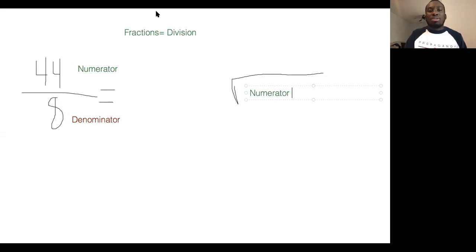My numerator goes inside my house. Yes. And then what goes outside my house? My denominator. And this is going to look a little weird, so just give me 1 second to space everything out. I'm going to move this in.